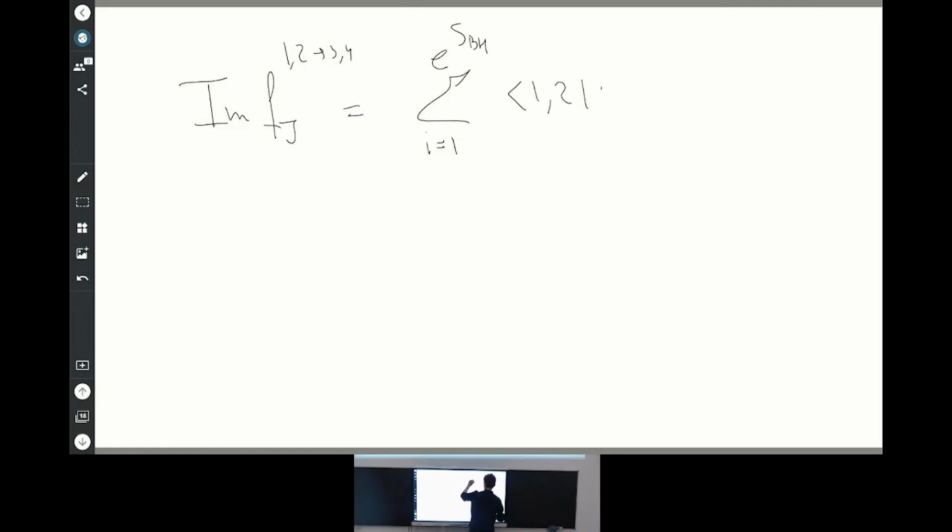So then we get the formula Im Fj 1, 2, 3, 4 equal to the sum over I of e to the S of a black hole, 1, 2, I, 3, 4. So this is a step.